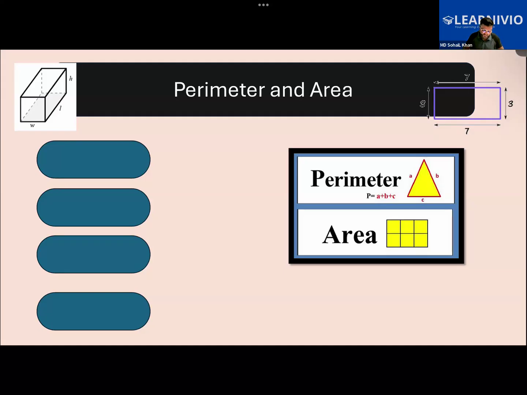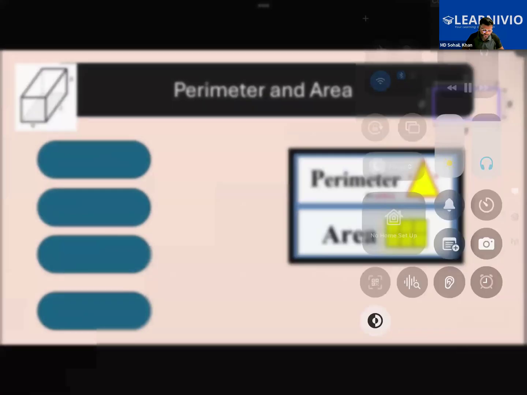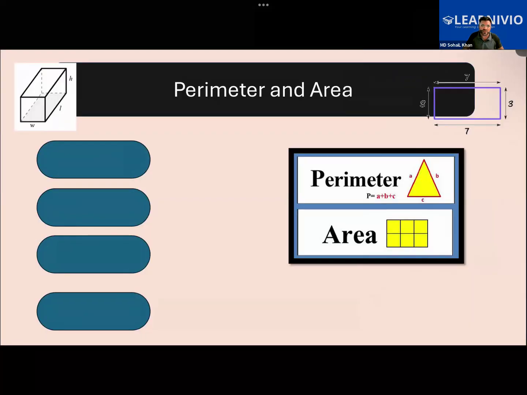Okay, about the perimeter, I was saying that perimeter also has some application in our day-to-day life. Suppose we have a rectangular playground, and we have been asked to find the total boundary of the playground, and after that we will be required to do fencing around it.